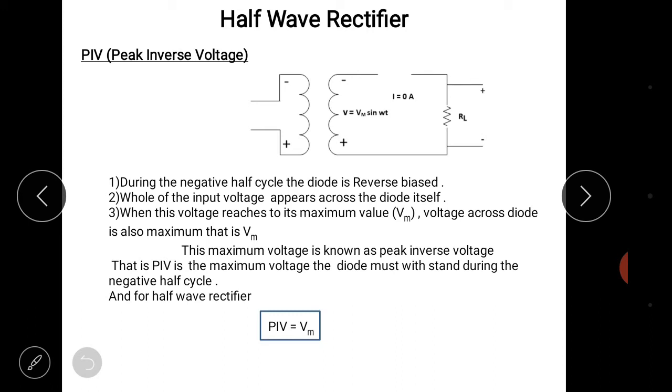This maximum voltage is known as peak inverse voltage, that is PIV is the maximum voltage the diode must withstand during the negative half cycle, or we say when it is reverse biased. From the diagram it is very clear that PIV of the diodes in case of half wave rectifier will be equal to Vm.